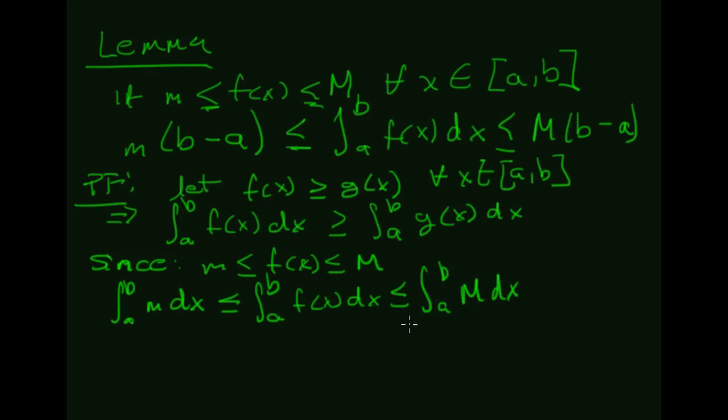In this integral, m is a constant, and the width of the interval is b minus a, so this integral should be m times b minus a. It's just a rectangle. You can kind of work that out for a minute if you'd like to.